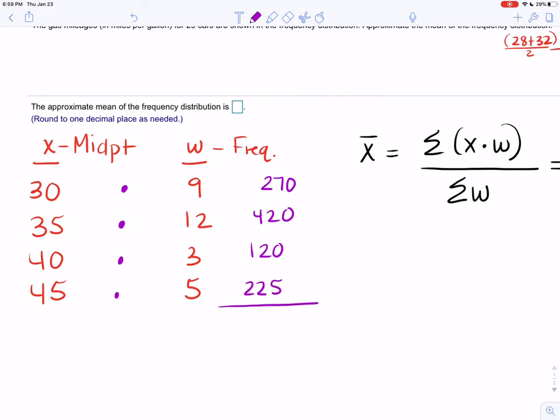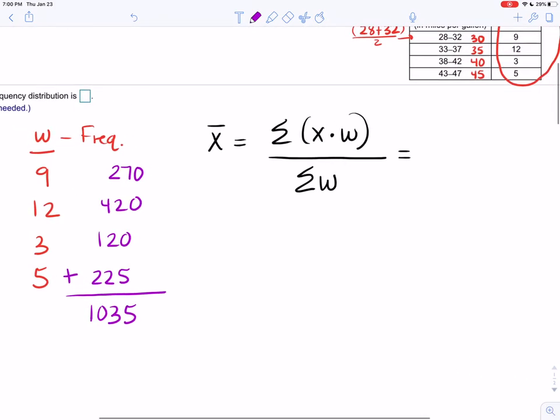And then to get the sum, I'm going to add those values up. Now that sum is this value in my numerator, right? Because we took the midpoints, multiplied by the weight, and added everything up, and we got 1,035.